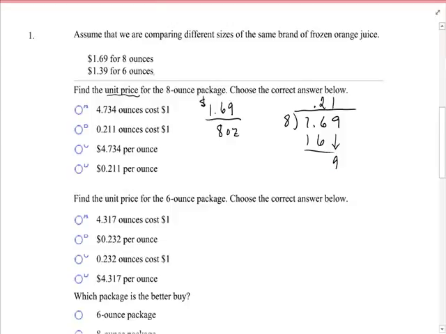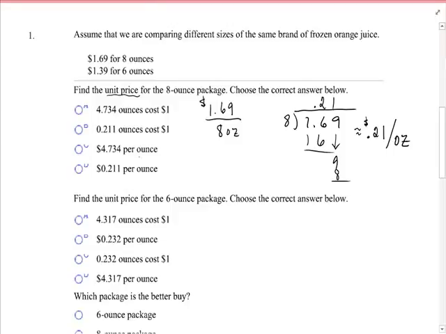Now, as I look at these, I've already got all I need, but I do need to think about my units. I'm going to stop the problem because I don't need to go any further. This is approximately 21 cents, because money was on top, per ounce, because ounces were on bottom. So I have 2 that show the 0.21, and it goes on one more decimal place that I didn't.